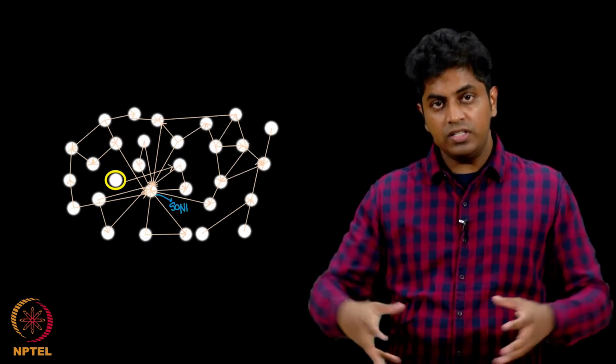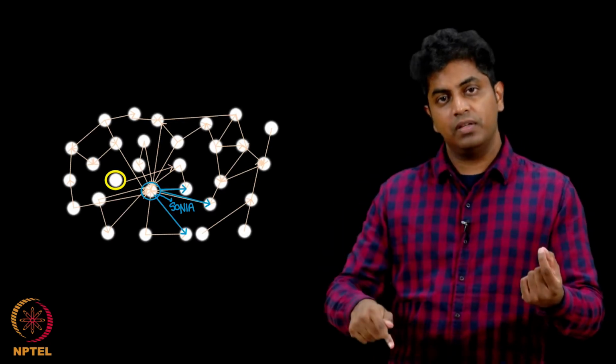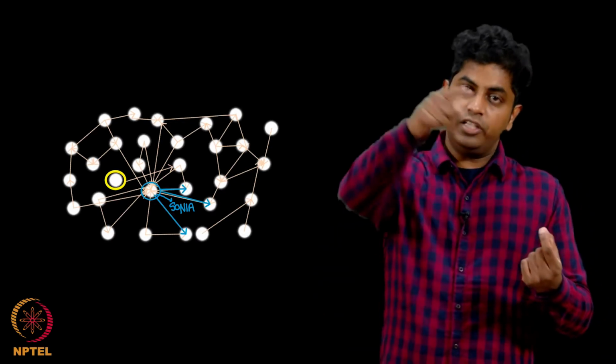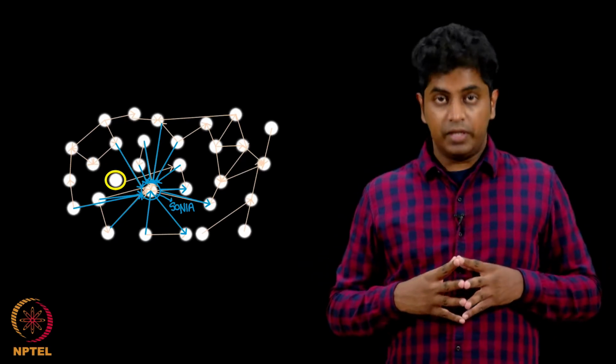For example, Sonia is a node, there are 30 nodes, 30 people in this room, Sonia is one of them, and she has arrows going to some 3 people. So, she will point to these 3 people if I ask her for a solution, and there are people who point to Sonia also, maybe 10 people point to Sonia, okay.